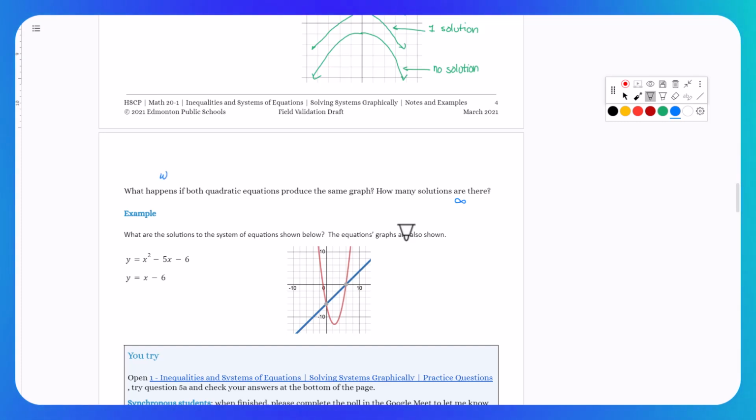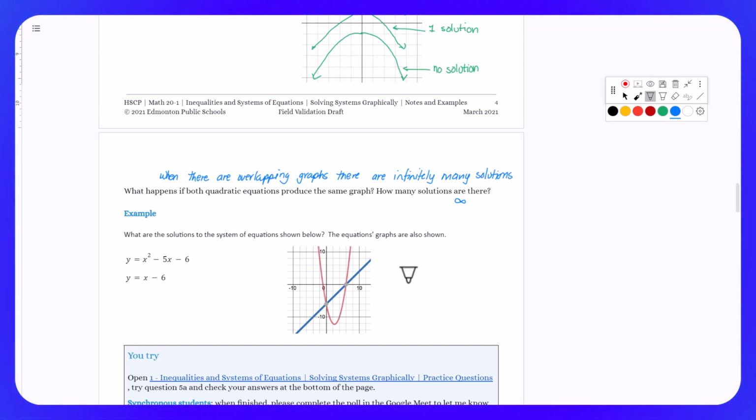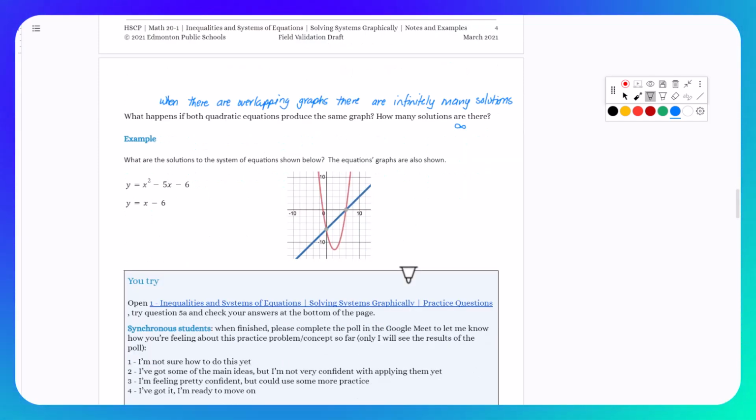And we could say when there are overlapping graphs, there are infinitely many solutions. Well, let's keep going here.